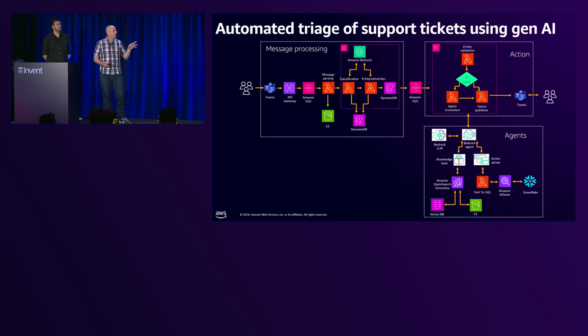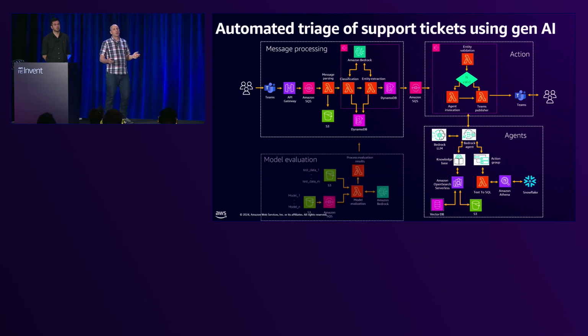We also have a knowledge base that we can use to search for any client information that might be useful in resolving this support ticket. Now, it's important to remember here that support tickets are unstructured.